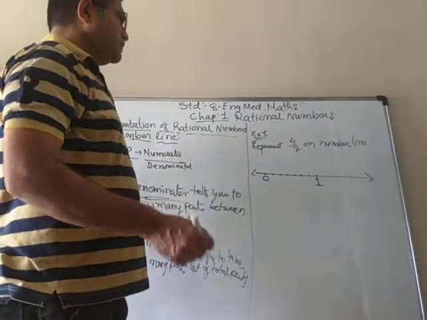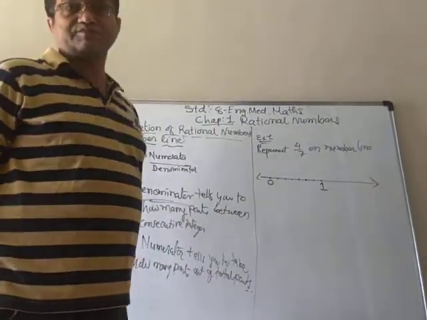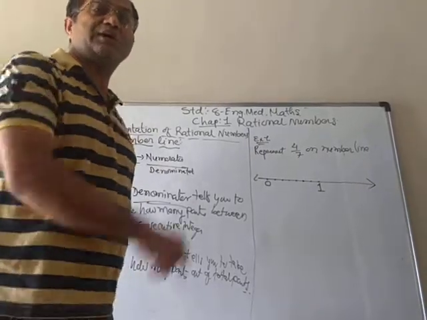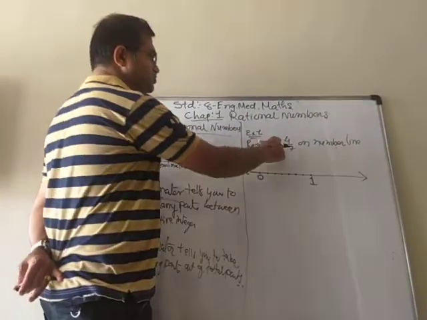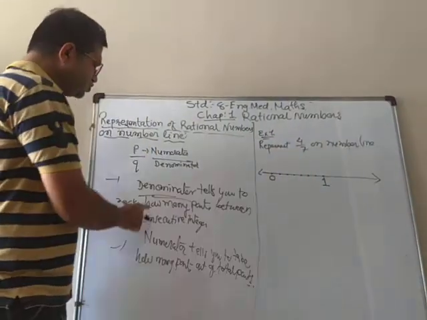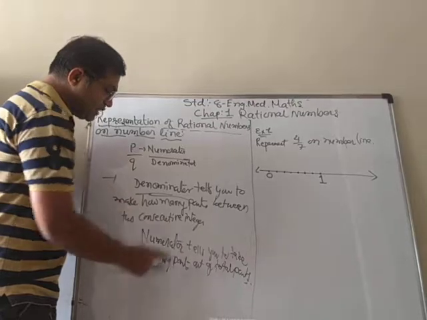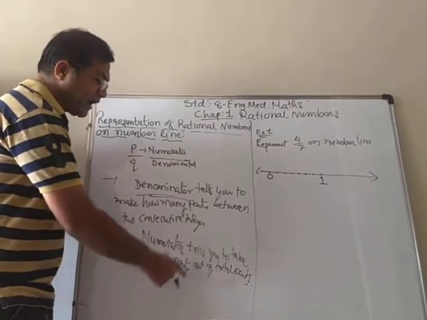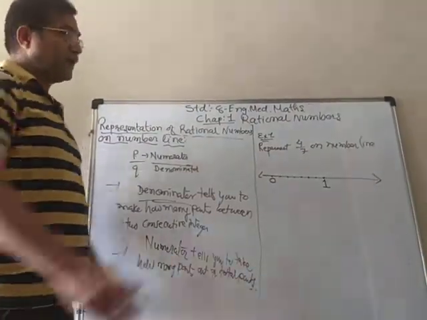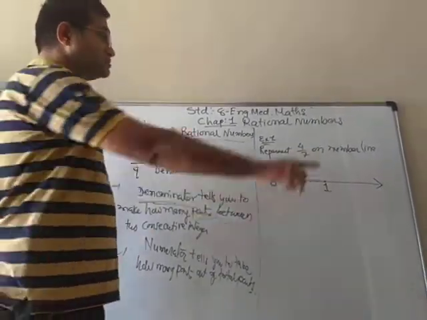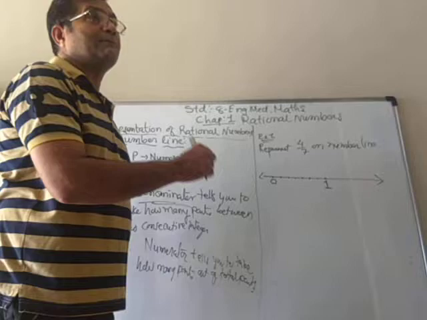So here we make equal parts. Now we check the number in the numerator. The numerator shows 4. As I told you, the numerator tells you how many parts to take out of the total parts. There are 7 parts in total, and we take only 4 because the numerator is 4.